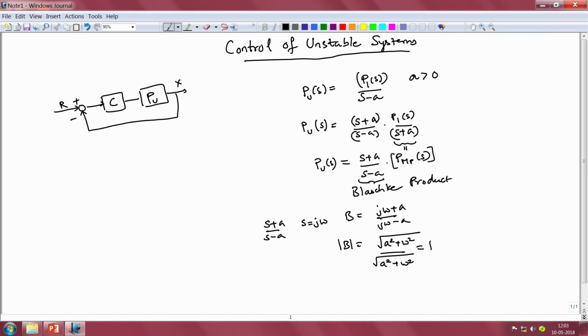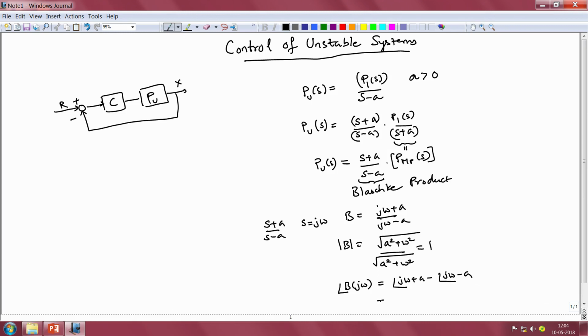What is the phase of the Blaschke product? We can show with some effort that the angle of the Blaschke product as a function of frequency is given by the angle of the numerator term, namely the angle of j omega plus a, minus the angle of j omega minus a.